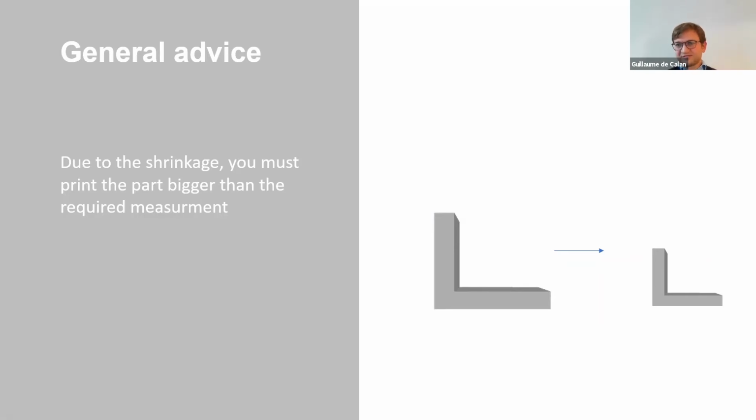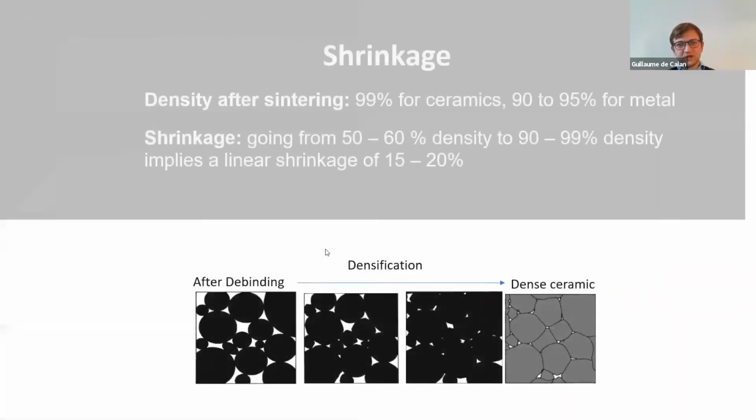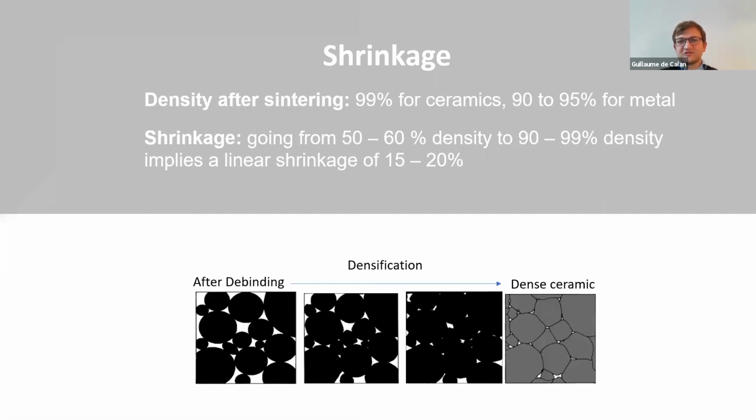So with our guidelines, we give what we call oversizing factors that you need to apply to your part, which can be done either during design or afterwards just in the slicer, in the software that will prepare the print.